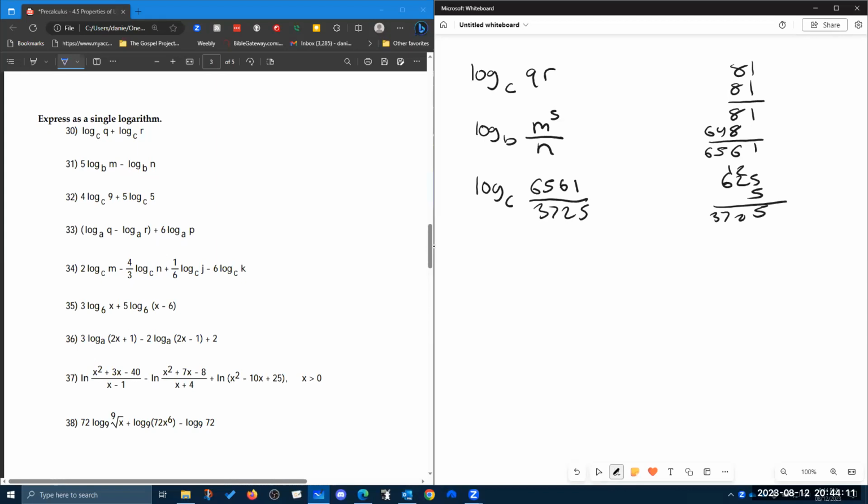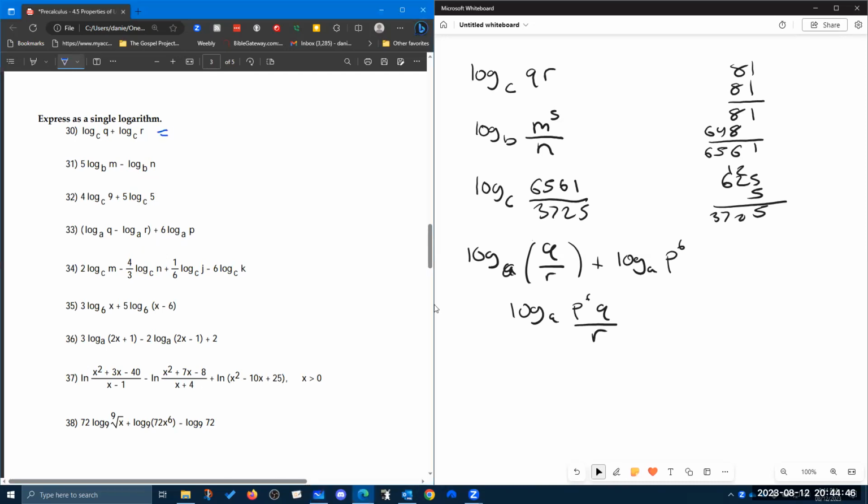So this is going to be, let's do what's inside the parentheses first, log base a of q divided by r, plus 6 log base a of p. Change that to log base a of p to the 6th. The p to the 6th is in the numerator. They have the same base. P to the 6th q divided by r.